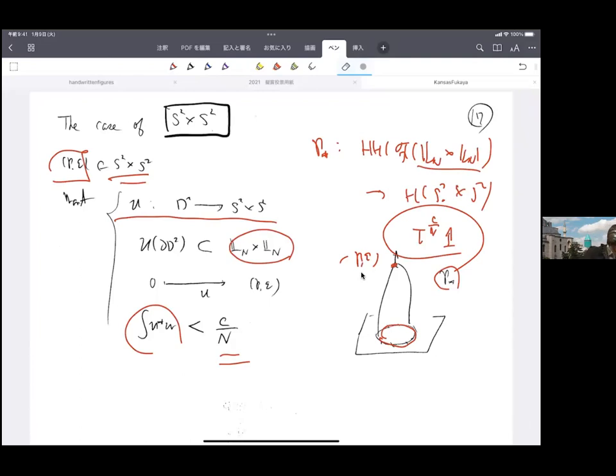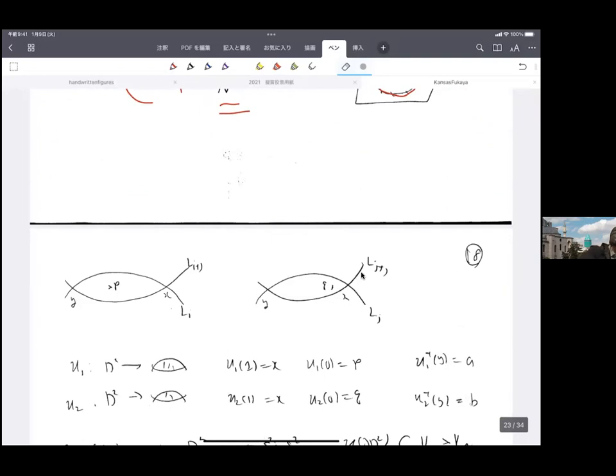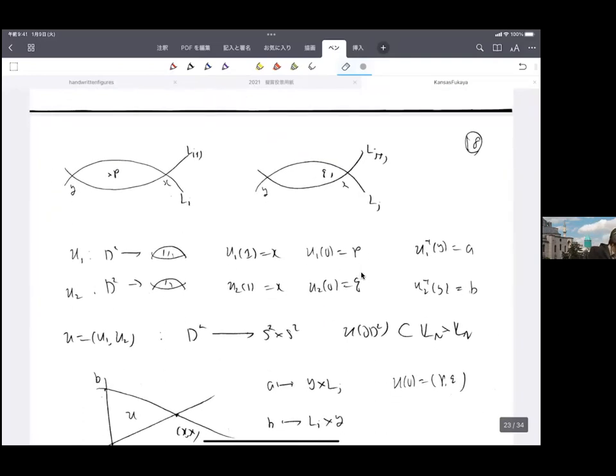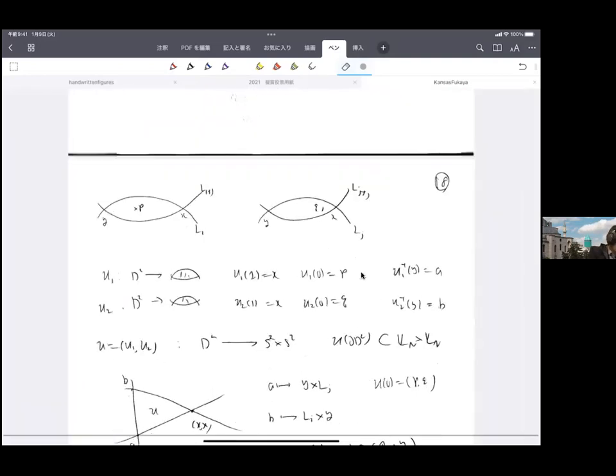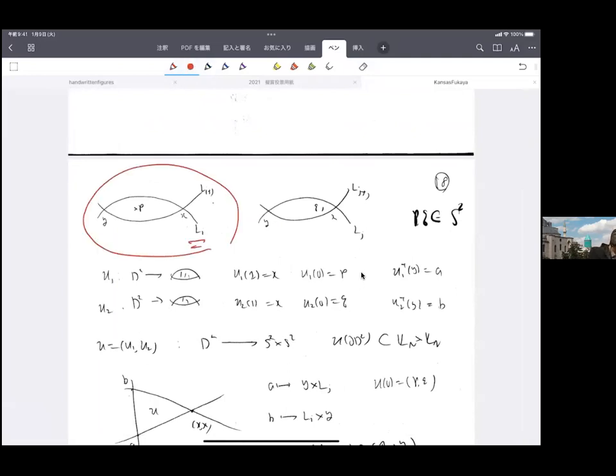So how do you find such a U? The situation is the following. Let me take P and Q, which are points in S2. P lies between Li and Li prime, and Q is between Lj and Lj plus 1.